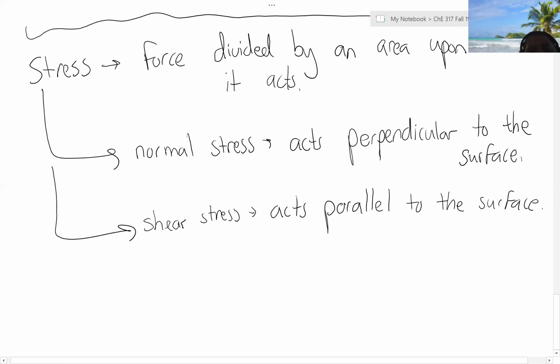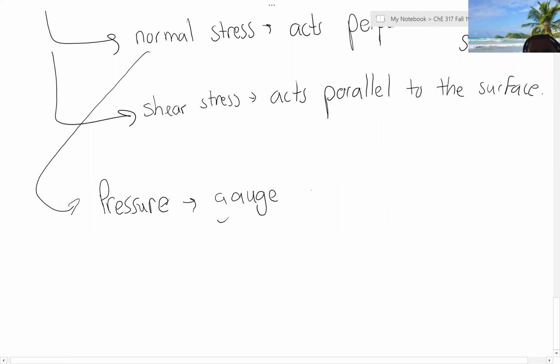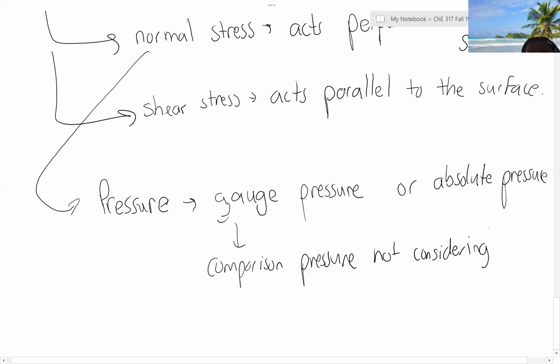More times than not, when we're talking about normal stress, we refer to this as pressure. And pressure we can describe in terms of what's known as a gauge pressure, or an absolute pressure, where the gauge pressure is a comparison pressure, not considering atmospheric pressure.